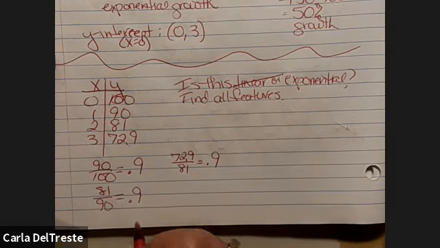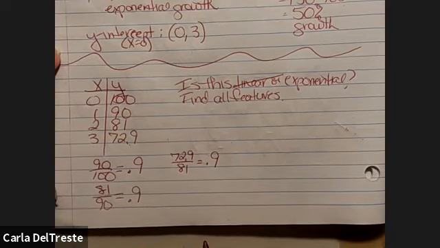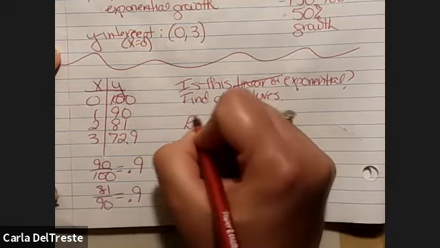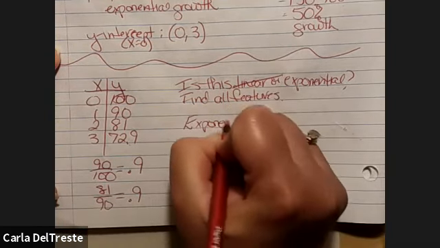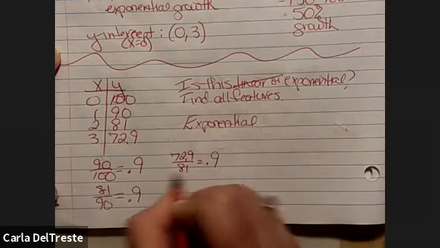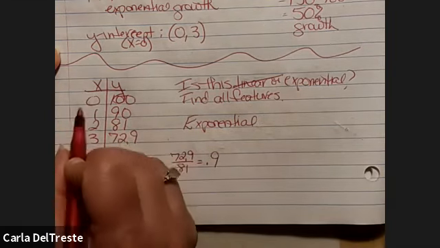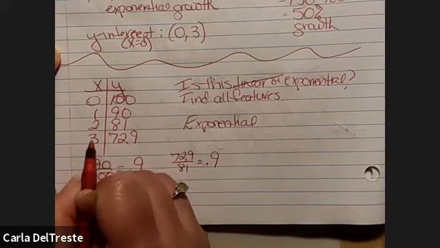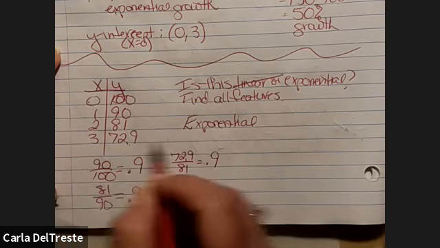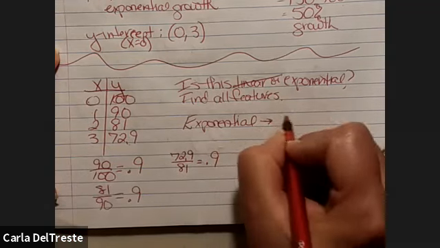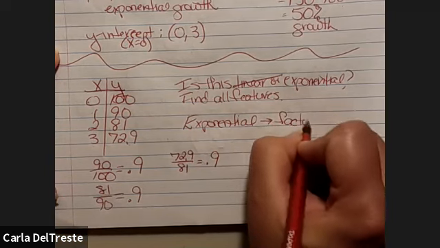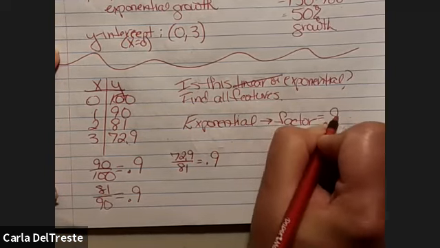So I have a constant multiplier. So this is exponential. Again, what's the reason? Because it has a constant multiplier in the output for every one change in input. And not only did I figure that out, but that also means that my factor is that multiplier.